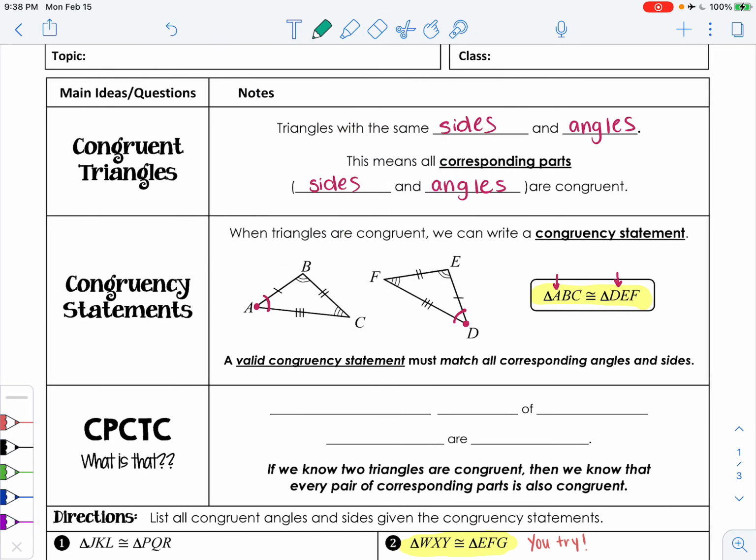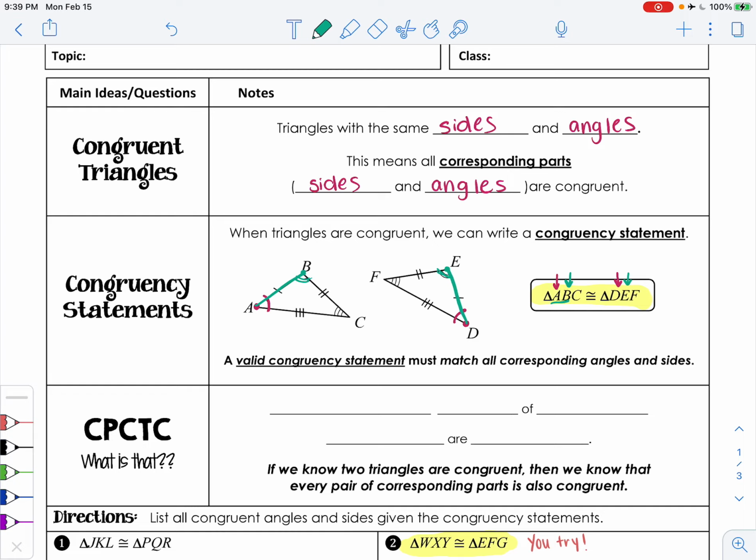The second letter in each is B and then E. So that means point B and point E are corresponding, so their angles are congruent. But it also shows us a side that's congruent. Notice A is congruent to D, B is congruent to E, so the line between A and B should correspond with the line between D and E. Another way to see that is by the first two letters together, right?